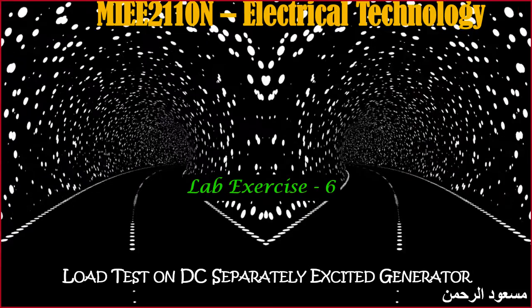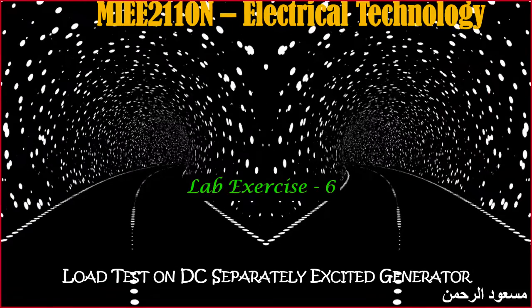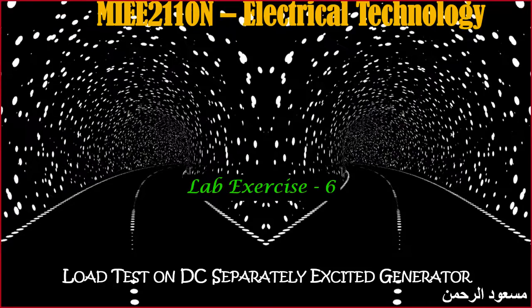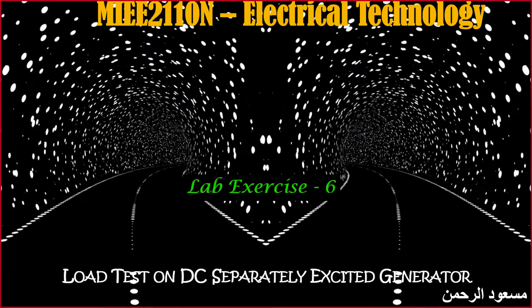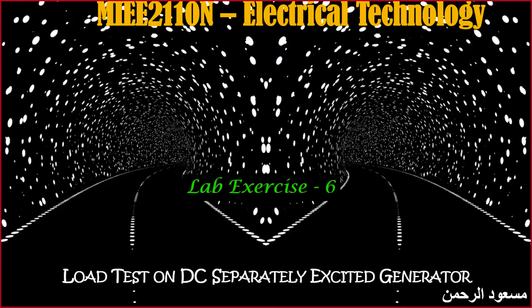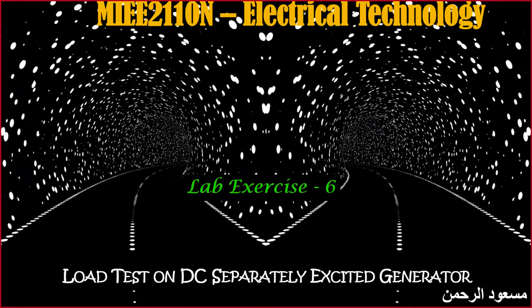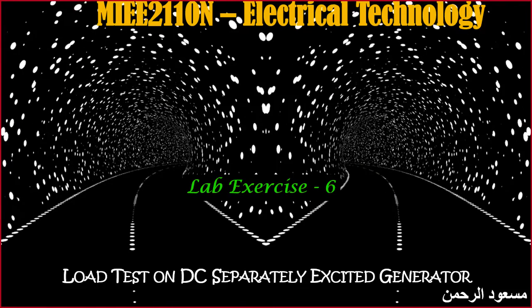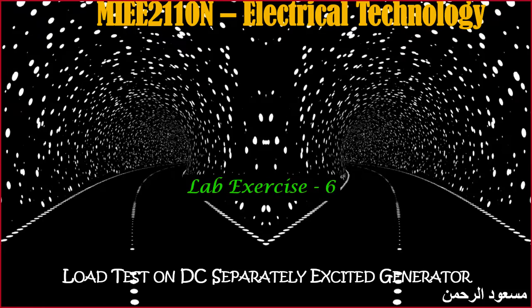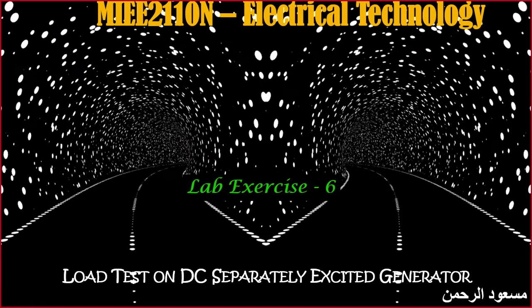The armature of the generator produces electrical energy, and that energy could be fed into the field winding of the same machine, but in a separately excited machine, we are not going to do that. That is why it is called separately excited.